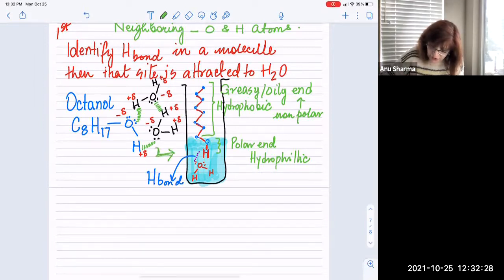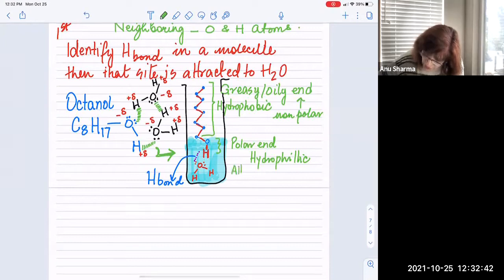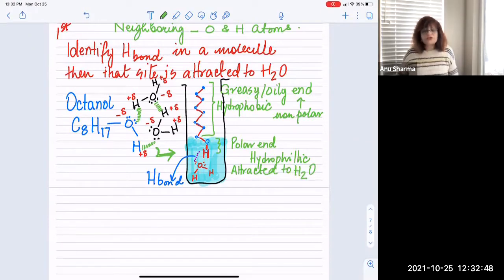But the greasy or oily end, the hydrophobic end, is away from the water. The polar end, hydrophilic, is attracted to water due to hydrogen bonding.